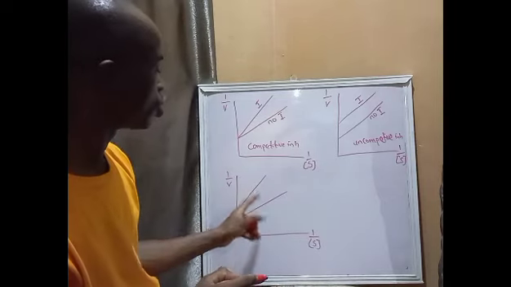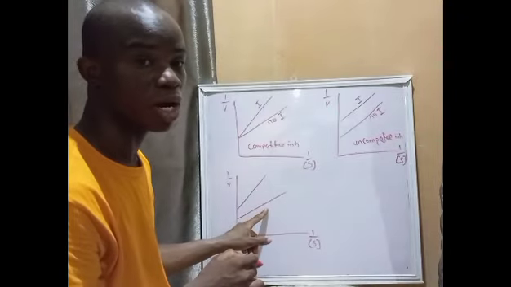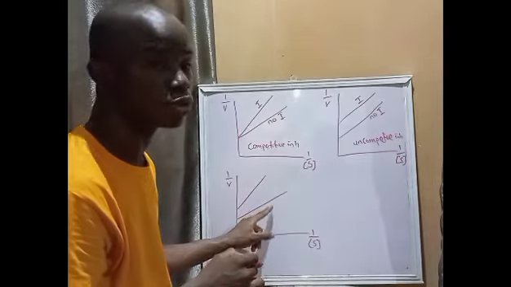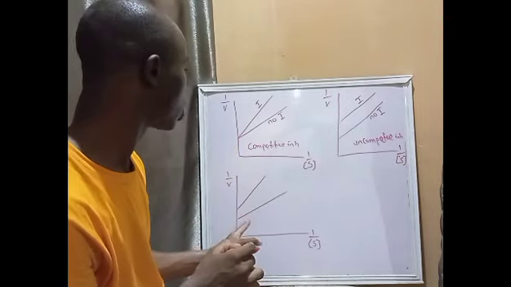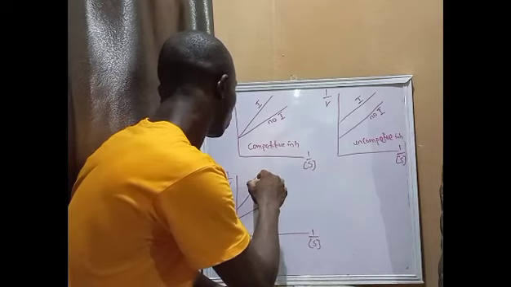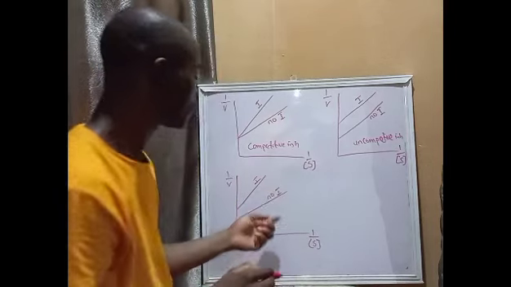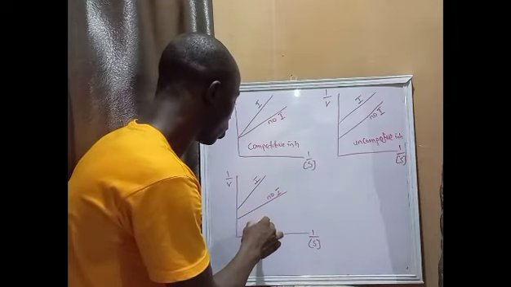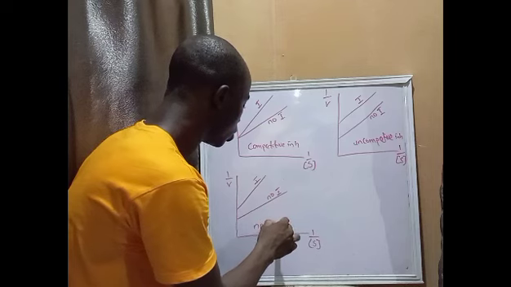Now if you look at these two graphs, it's different from what I have here. These two do not have the same slope, and at the same time they do not have the same intercept. Let's say this is for inhibition and this is for no inhibitor. So this is our non-competitive inhibition.